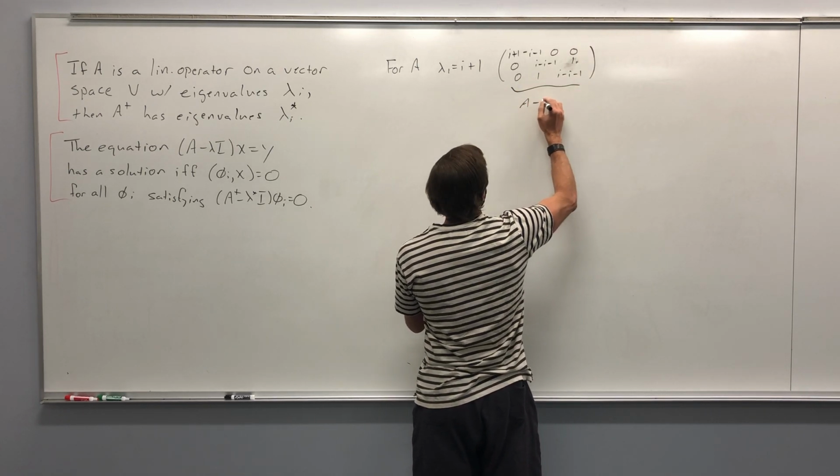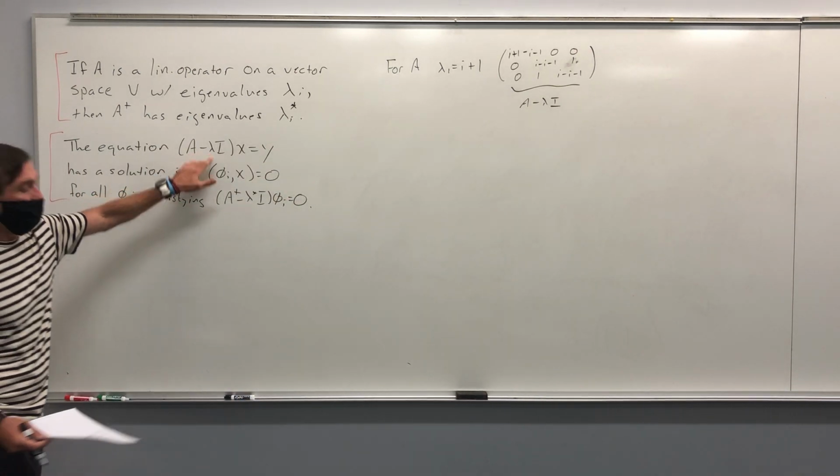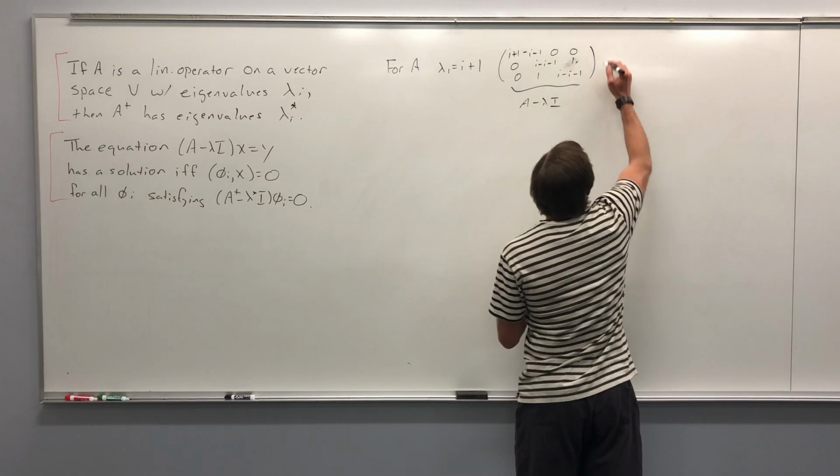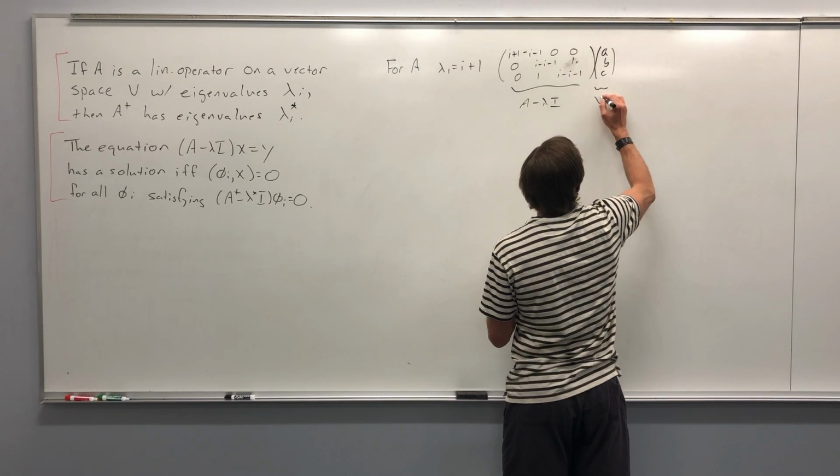Okay, this is A minus lambda I. That right there, times a, b, c. This is our x.